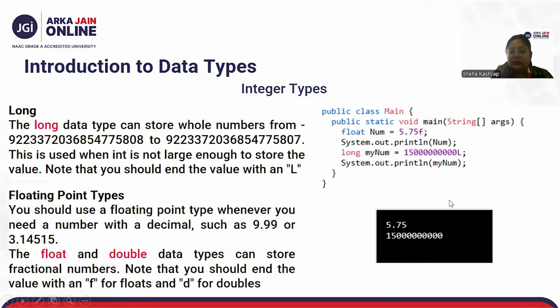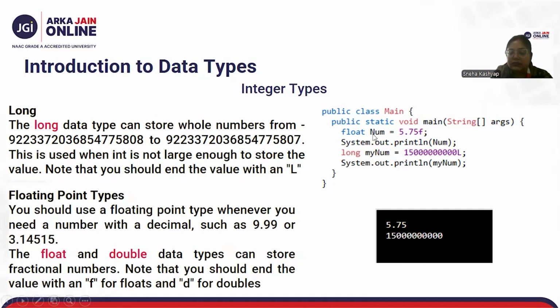Now once we see this, we have a public class with the class name. Next I have taken a main function, to which I have added the return type void. I have added the keyword static so that my value does not change, and I have given the access specifier public.